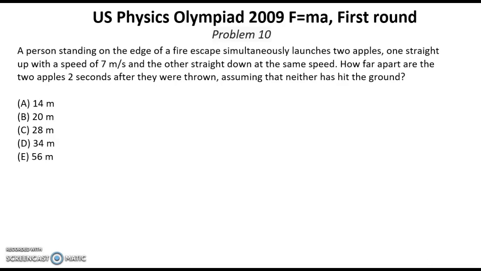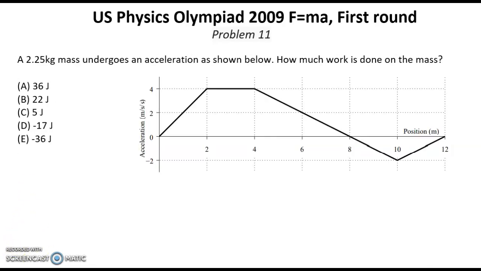One is straight up with the speed 7 meters per second and the other straight down with the same speed. So relative speed will be 14 meters per second. It means that for 2 seconds they will be 28 meters apart. So that's the solution. C is the correct answer.